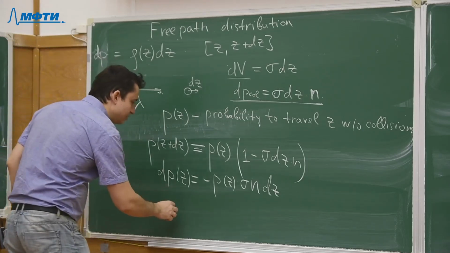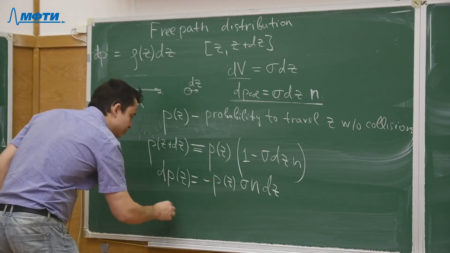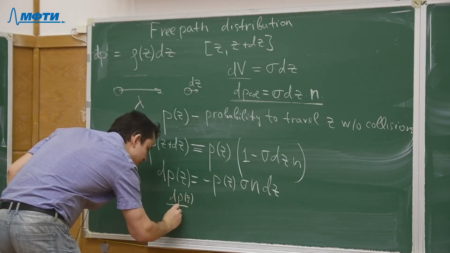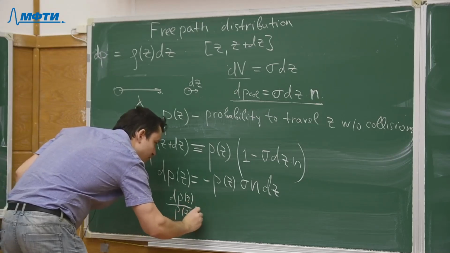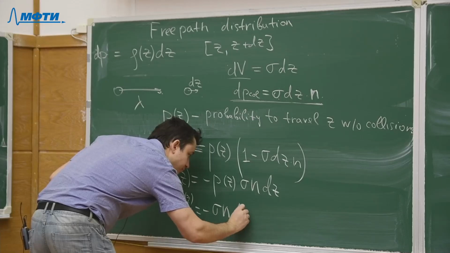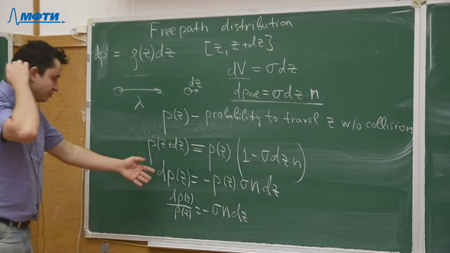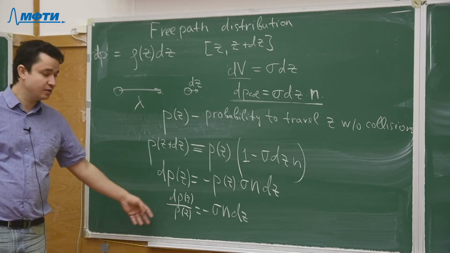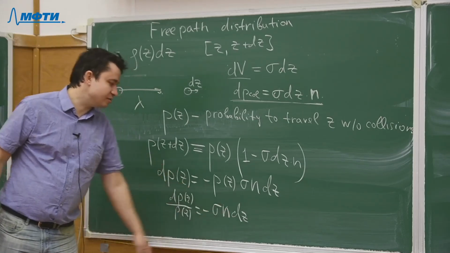And that gives us, after I solve it, dp of z over p of z equal to minus sigma n dz. After integrating, from here I get the logarithm of p, and from here I will get sigma n dz.